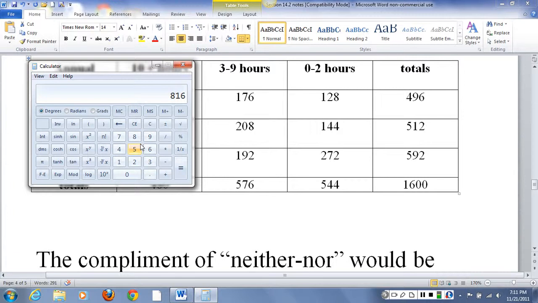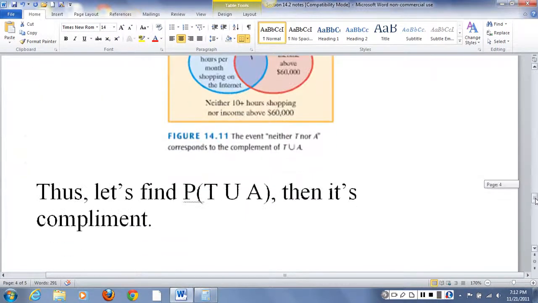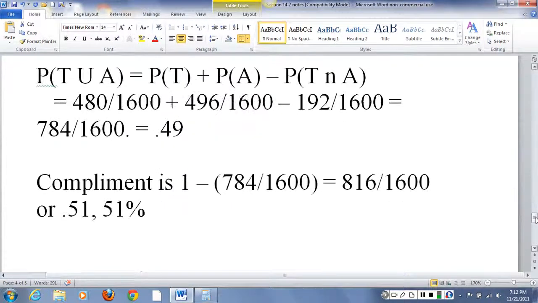That should look familiar. When I divide by 1600, I get the percentage that I was looking for, which was 0.51. So you see there's another way of doing it. We can use a complement to speed things up, or we can just do it in a very straightforward manner. Either way, obviously, gets us to the result that we want.